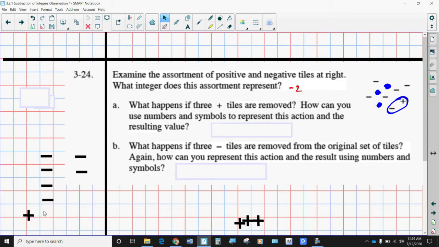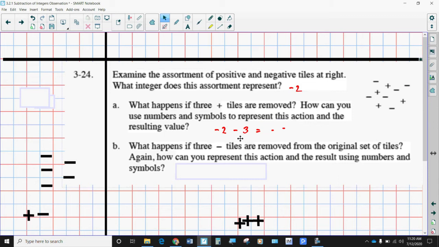Now we've still got this 0 pair here, but what do we have left over? We have -5, correct? So this is like taking a number sentence and saying we started with -2, because that was the value of all of these tiles up here. Then we took away 3 positives.